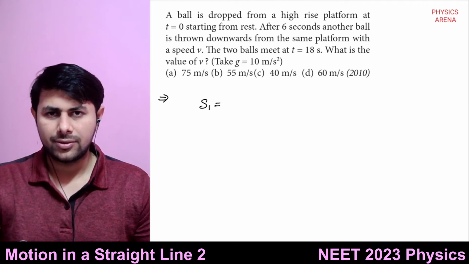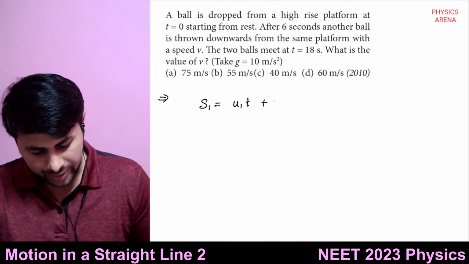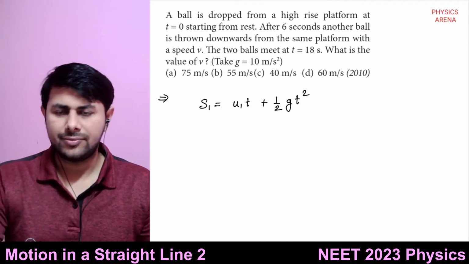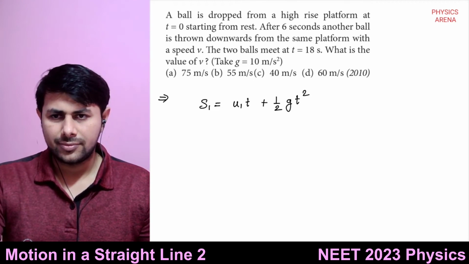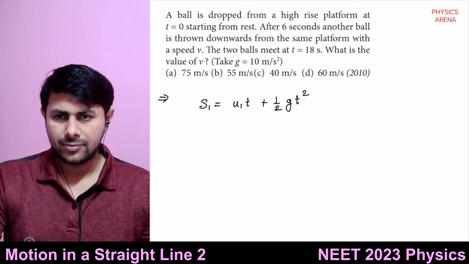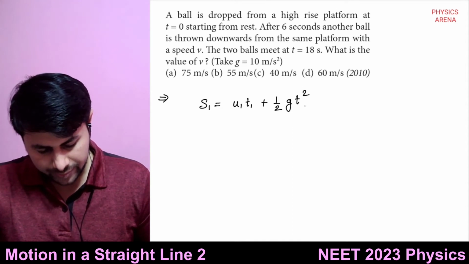Let's call it u1 t1 plus half of g multiplied by t1 square.